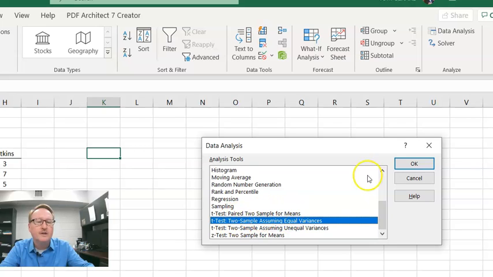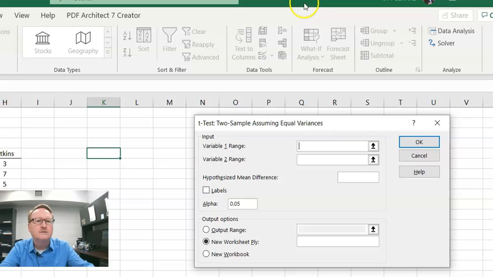It's not paired because they're not dependent. This is independent. So we're going to choose 2 sample assuming equal variances. If you were doing the dependent one, you would choose that one. But we're going to choose this one because they're independent.